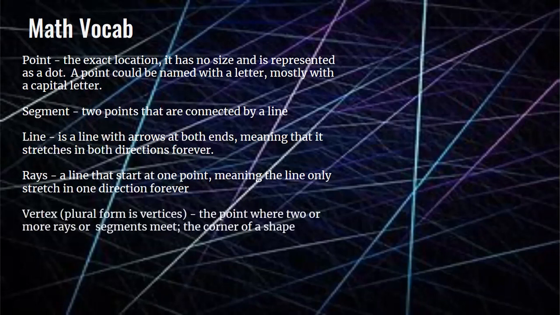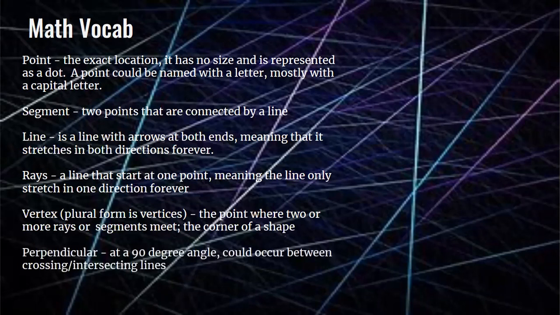Vertex, or the plural form is vertices. A vertex is the point where two or more rays and segments meet, or a vertex could also be the corner of a shape.